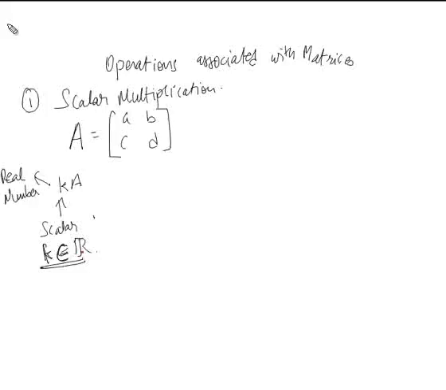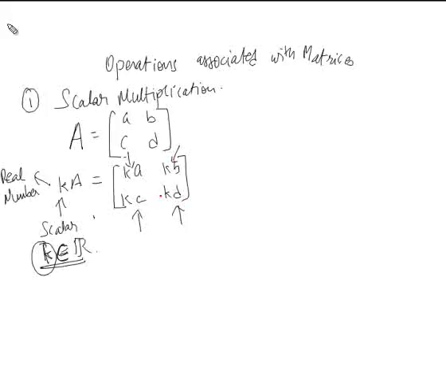Then how will the matrix KA look? It will look like Ka, Kb, Kc, Kd. This is what it will look like. So what does this mean? If I multiply a matrix by a scalar, every entry here is multiplied by that K. Correct?